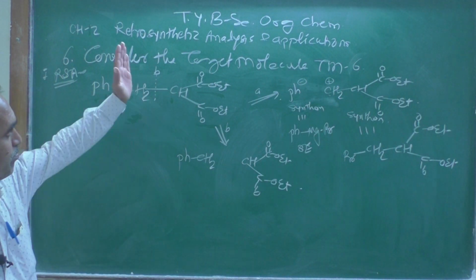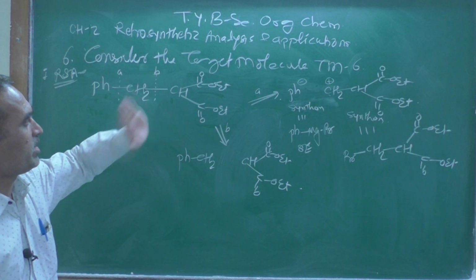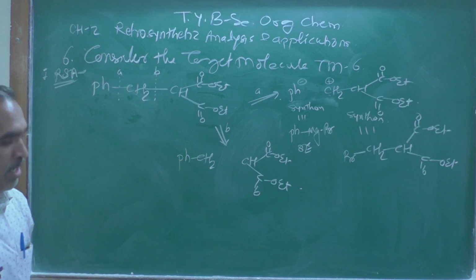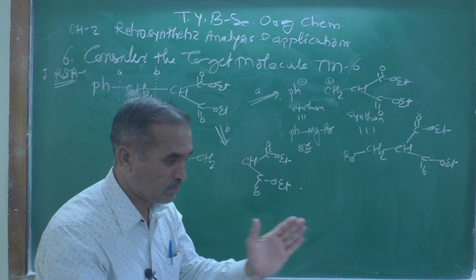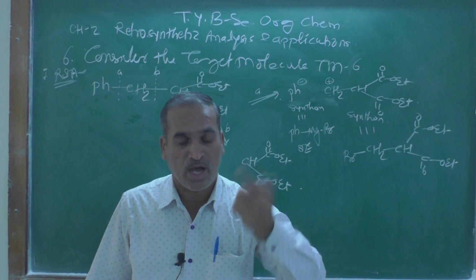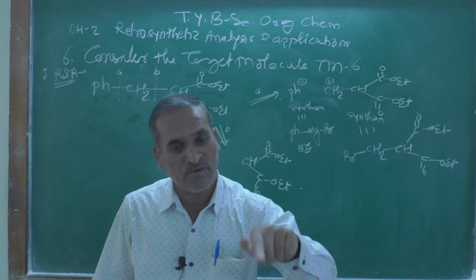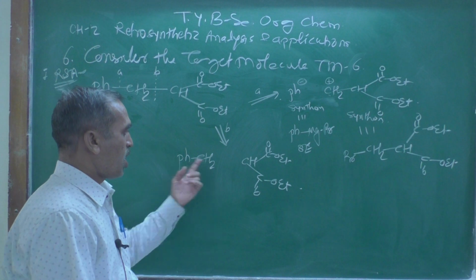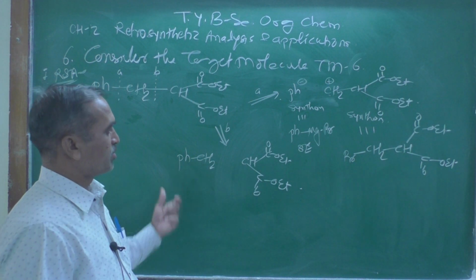Now when I am choosing the B route, after the fragmentation I must put positive and negative charges on those carbon atoms.